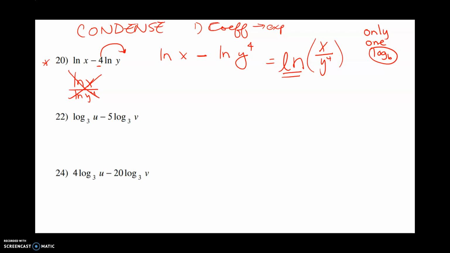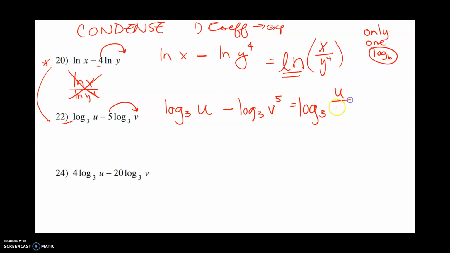Okay. This one is very similar, 22. I have a 1 here, I'm good. This 5 needs to come up here. So it's log base 3 of u minus log base 3 of v to the 5th. Now, one log word in the answer: u divided by v to the 5th.